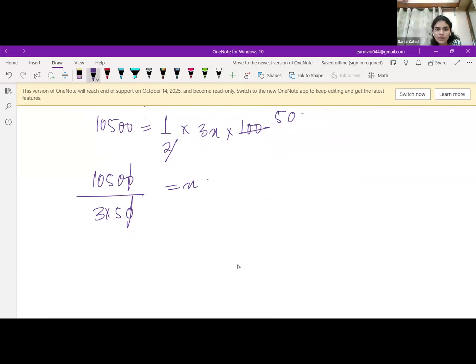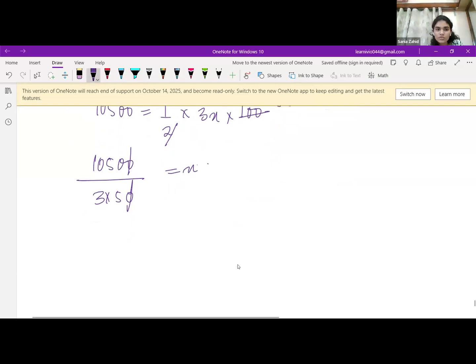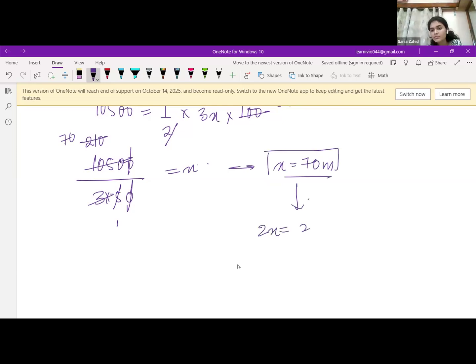Then 5 into 1, 5 into 2, 5 into 1, 5 into 0, 3 into 7. So the value of x is 70 meters. So the value of 2x becomes 2 into 70, that's 140.